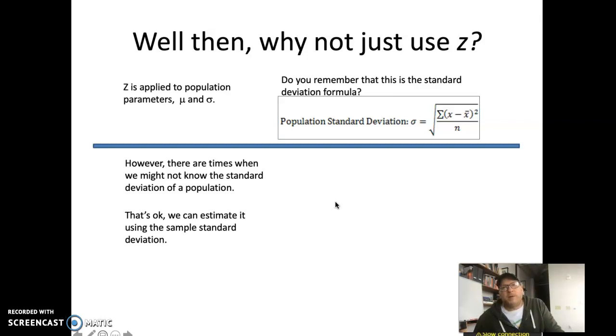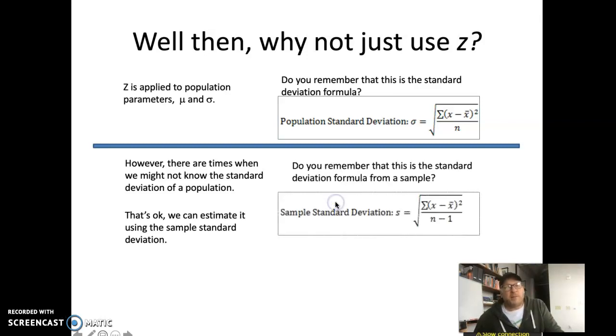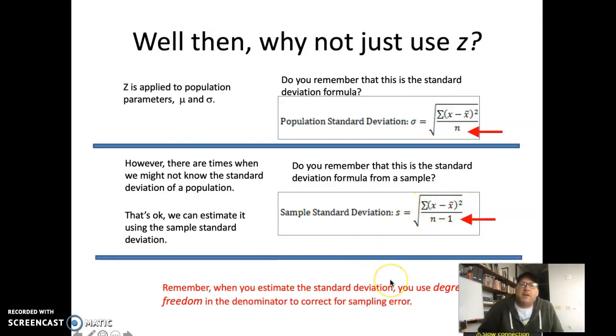So do you remember the standard deviation formula from a sample? That's it right there. So here we have S. We have the sum of squared deviations again, the sums of squares, except this time, when we're estimating it, we use degrees of freedom. So here in a sample, we use n minus 1 as opposed to n.